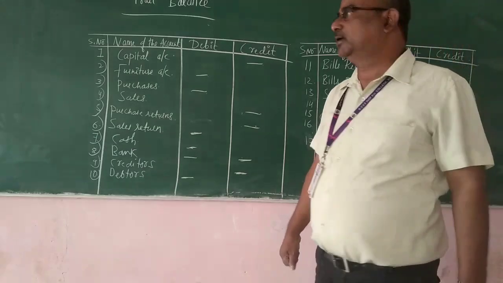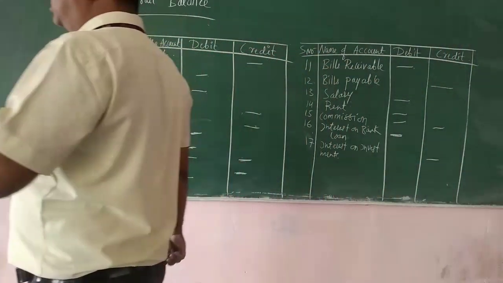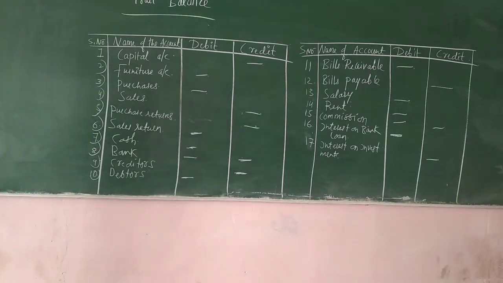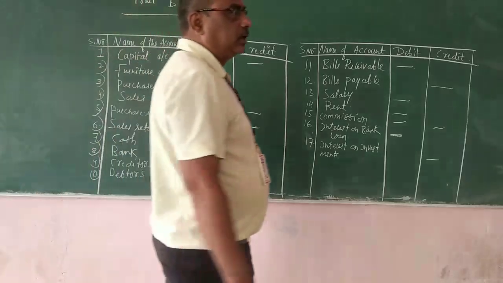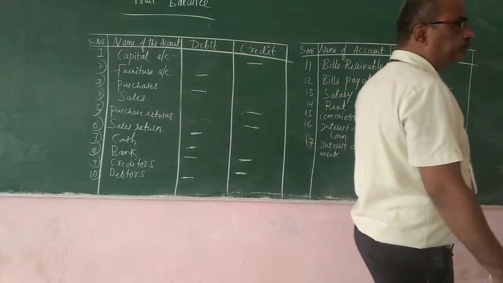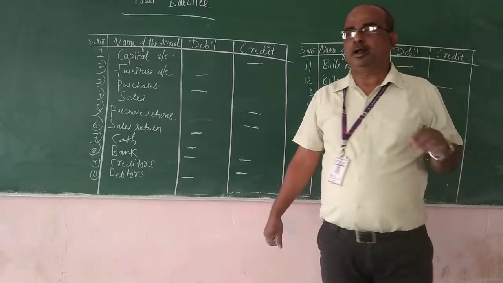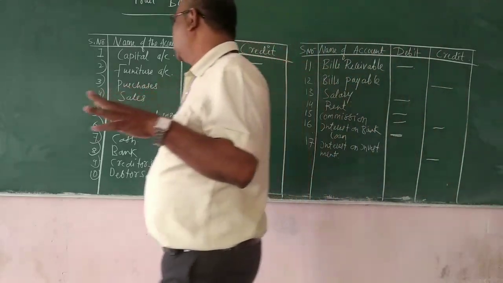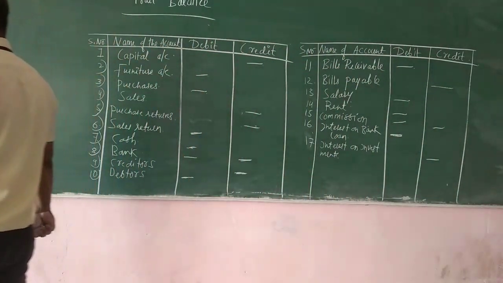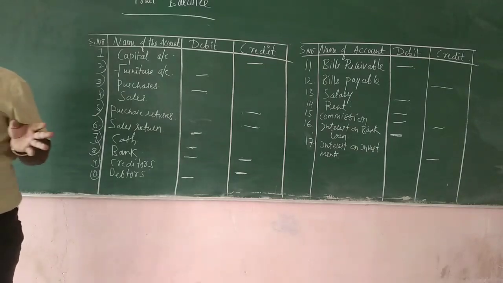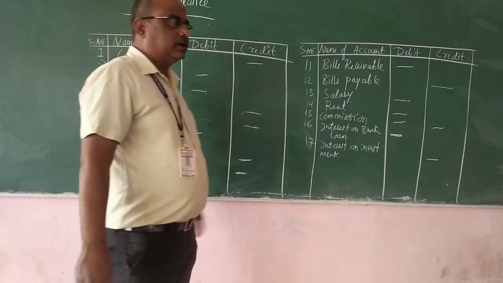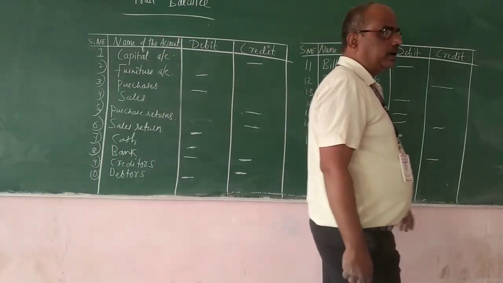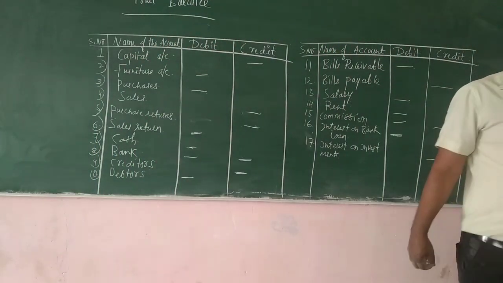The rules say that capital, liabilities and incomes should always be credited, and assets, expenses and losses should always be debited. If you remember these points, you can prepare a trial balance without any difficulty.